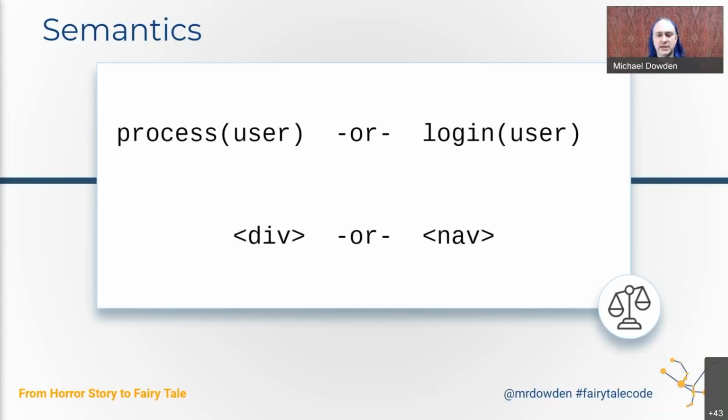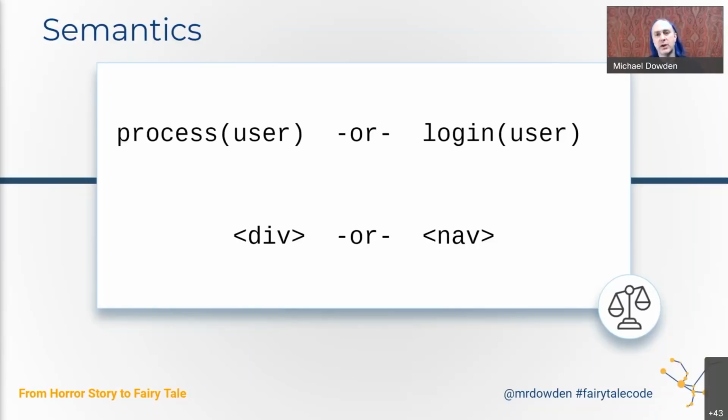In HTML, for example, if I use a div tag, it doesn't give me any context or meaning related to what's going to be contained by that tag. But if I use a nav tag, now I know that this is wrapping navigation. And this is really important that we use this correctly, because this is a perfect example of accessibility in action.